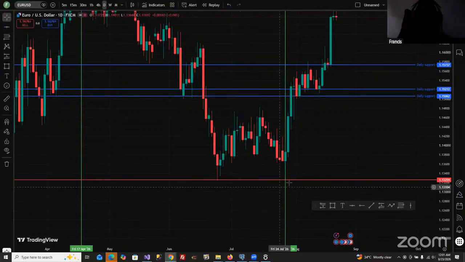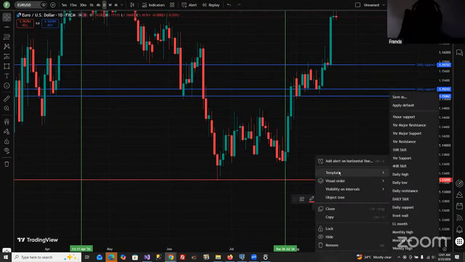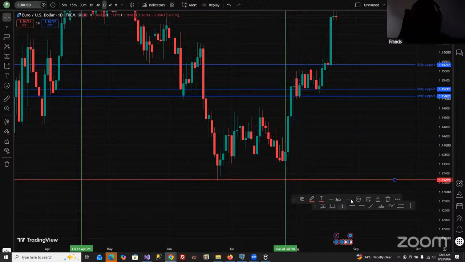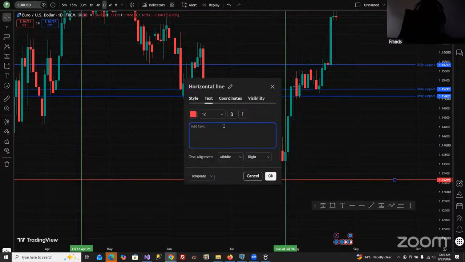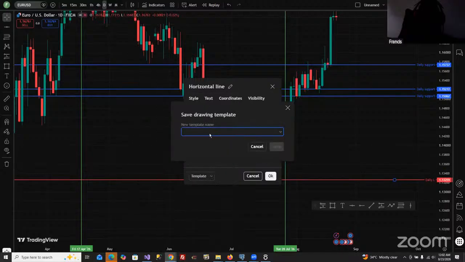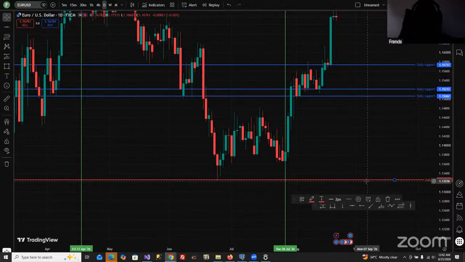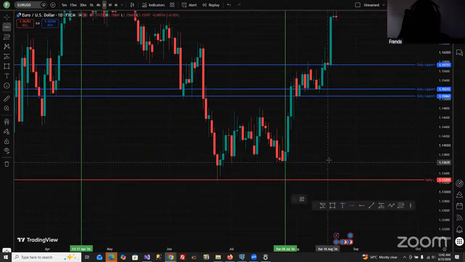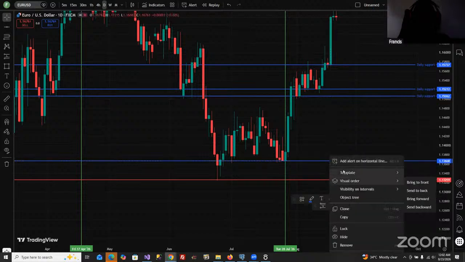And this one I'll take it as a daily resistance. Okay. This one also, the support, daily support.